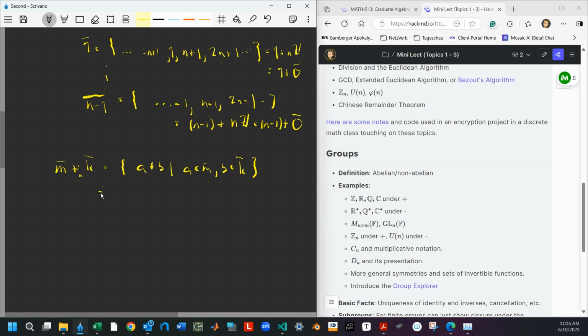That's just the set of all a plus b where a is in m plus 0 bar and b is in k plus 0 bar. And so this is really just the set of all a plus b where a is in m plus k plus 0 bar.